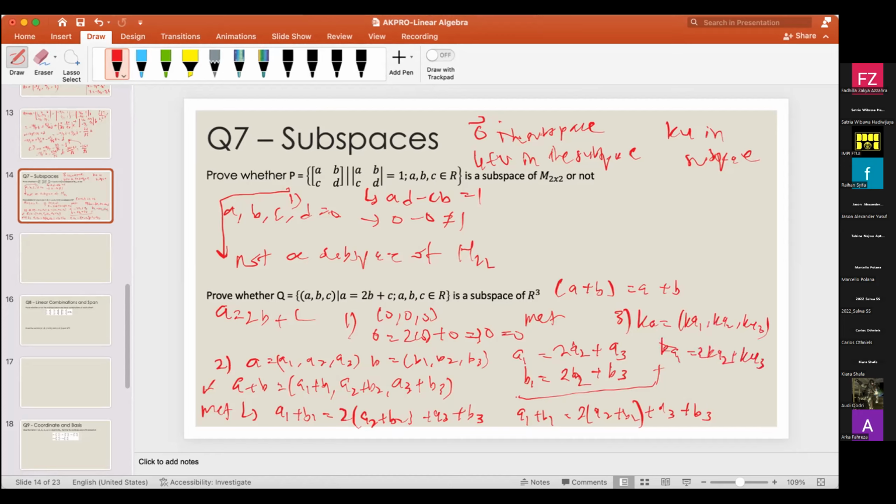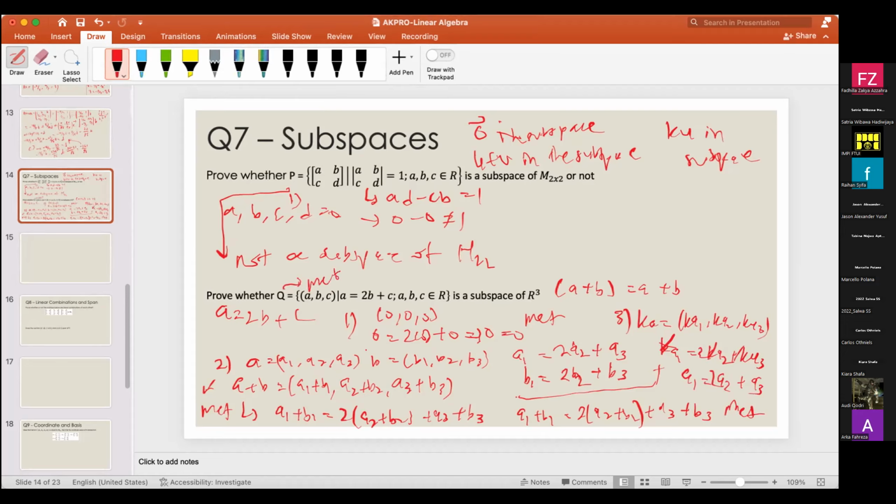Now you can see there is K on both sides, so we can factor out the K. Hence A1 equals 2A2 plus A3. Now this operation is the same as this operation, hence it's met. And because all three criteria are met, we can say that Q is a subspace of R3.